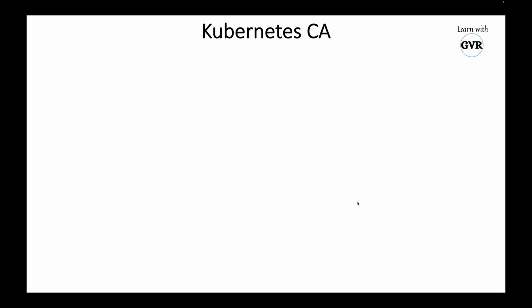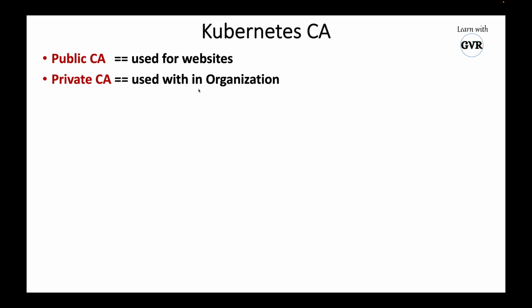Now let's come to the Kubernetes CA, that's the topic we are on. From a CA point of view, there are two different types of CAs: one is a public CA, which is used for websites, and there is a private CA.